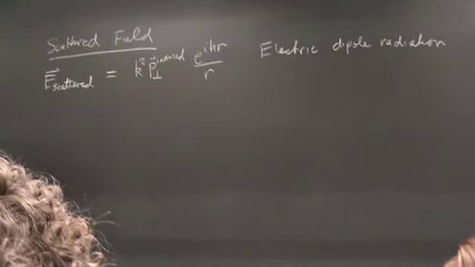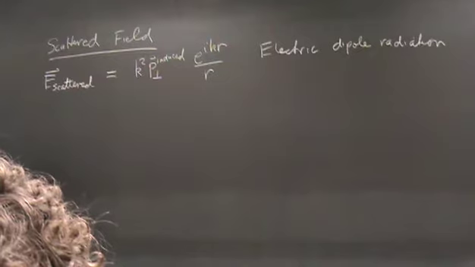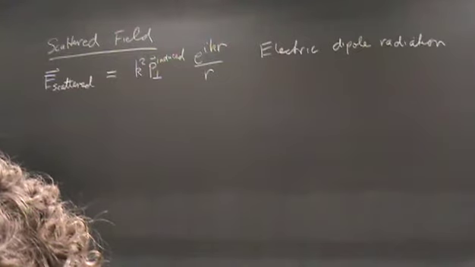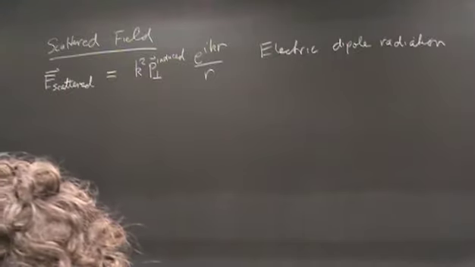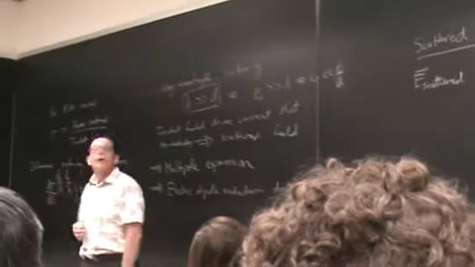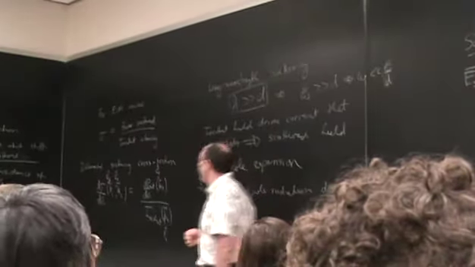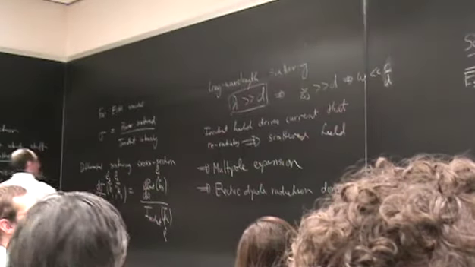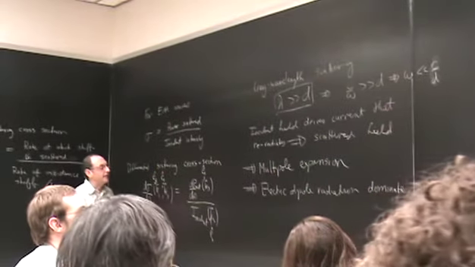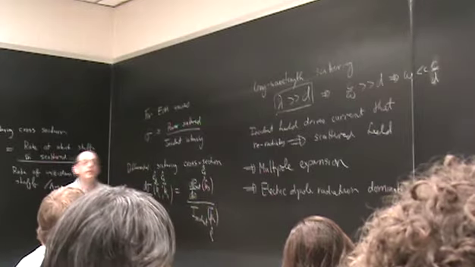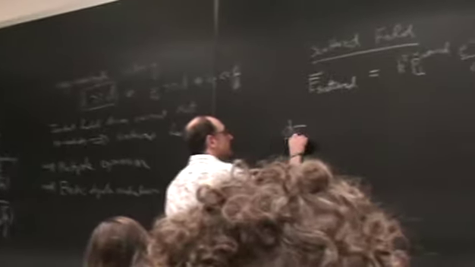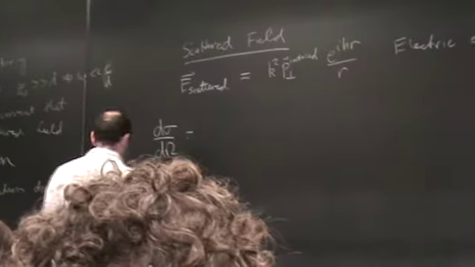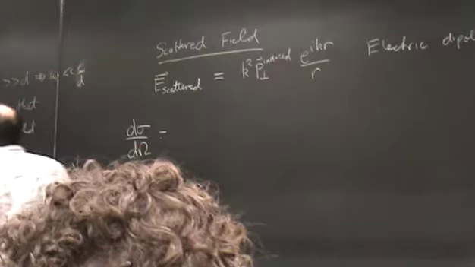All right, so now we can calculate the differential scattering cross-section, assuming we send in a plane wave with some polarization. And we want to know the differential scattering cross-section into a particular direction with a particular scattered polarization. Let's see, what do we have?